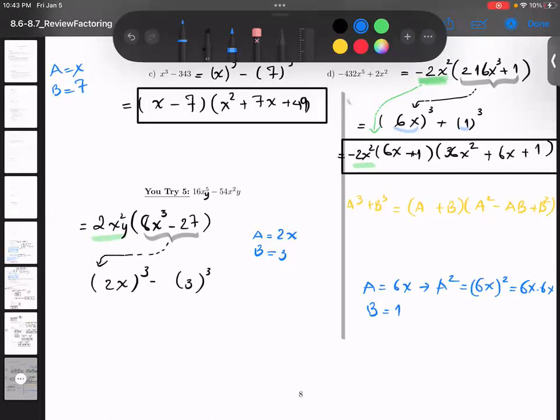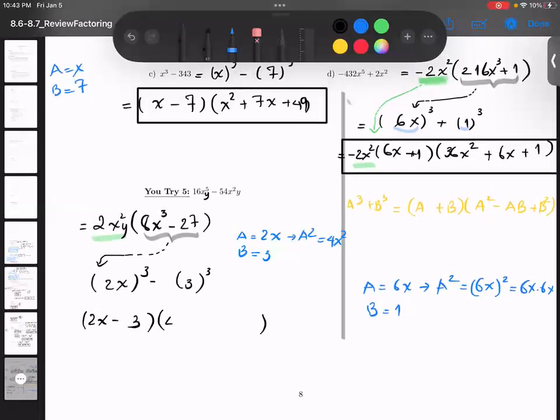Okay. A minus B, so 2x minus 3. And then A squared. For the trinomial, you start with A squared. A squared is 2x times 2x, right? So A squared is 4x squared.